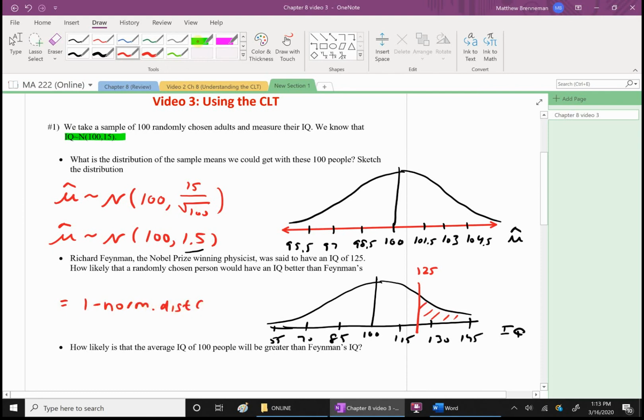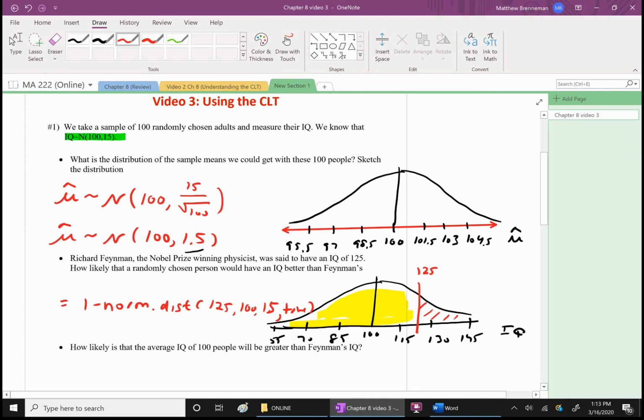Because remember, norm.dist is going to give me the area always in the lower tail, right? So to get the area in the upper tail, I have to subtract it from 1. So norm.dist gives me the lower tail. I subtract from 1 to get the upper tail. And then I'm going to enter the value, 100. I've got to be careful. It's 15, not 1.5, right? And then true.